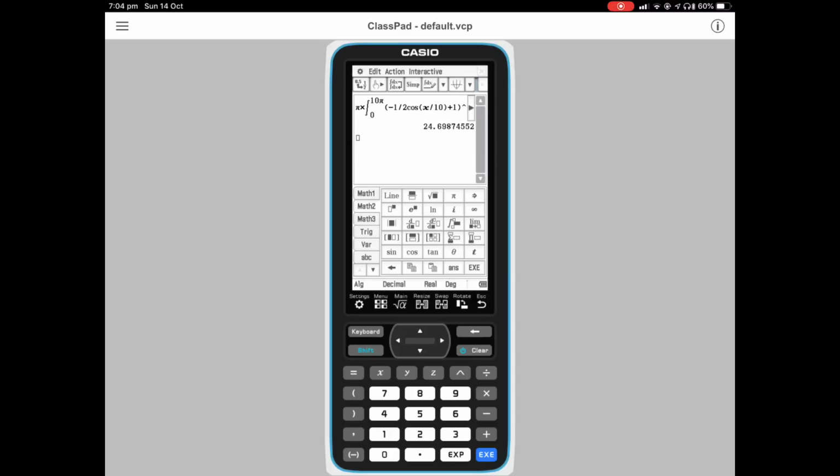Negative a half cos (x on 10) plus 1, all squared dx. That's not exact, and that should be in radians. So the answer is 45 pi squared on 4.